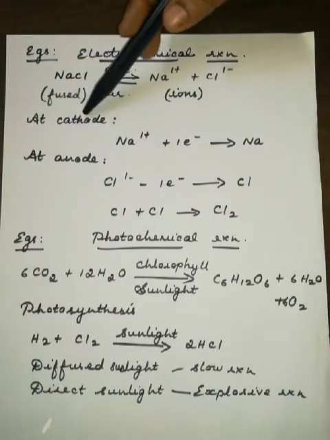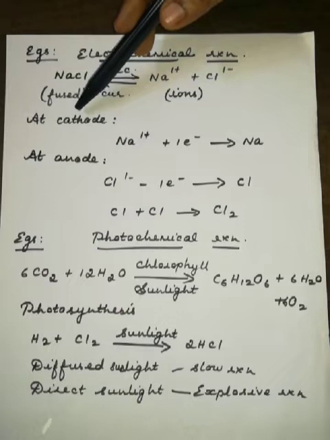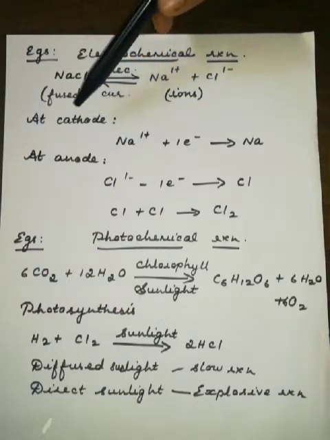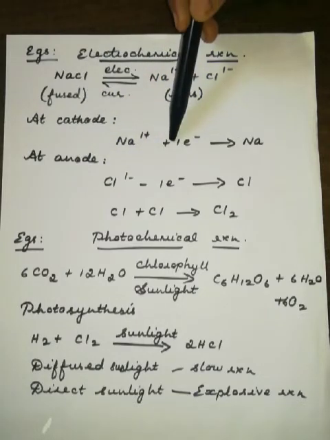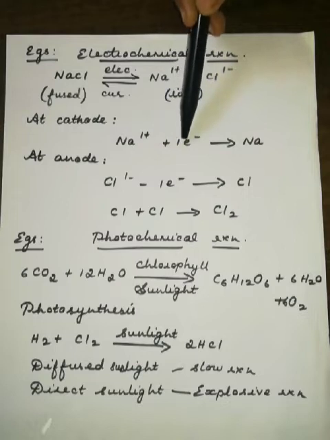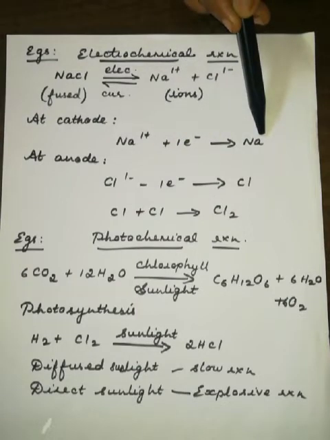At the cathode electrode, the reaction taking place is a reduction reaction, and at the anode, an oxidation reaction. Reduction means gain of electron, so you put a plus sign on the electron here and you get Na.